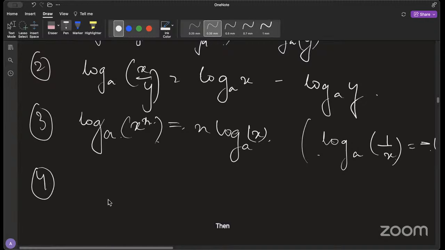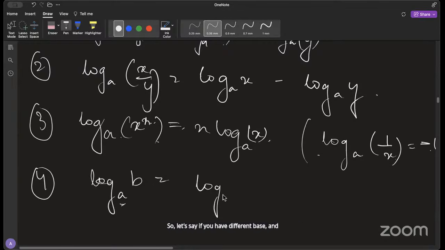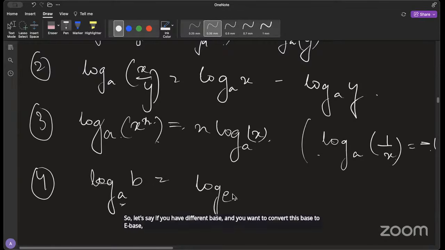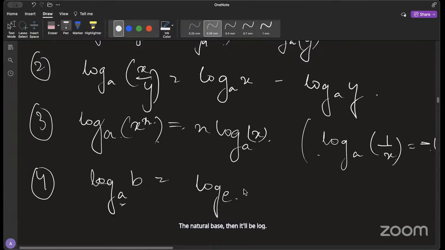Then the next one is this one. So let's say if you have a different base and you want to convert this base to e base, the natural base, then it will be log b by log base e a.